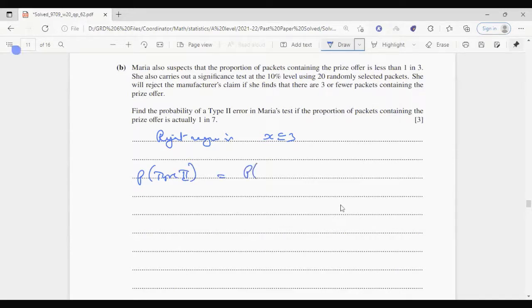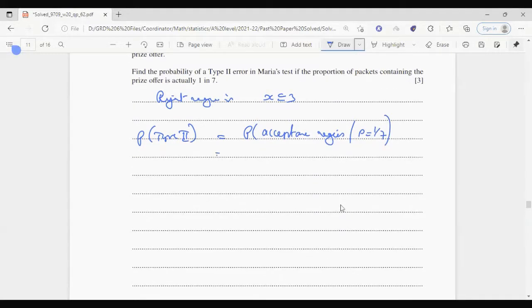We know that the probability of type 2 error is the probability of the acceptance region given a new probability 1/7, which is equal to the probability of X greater than 3, with a new probability of 1/7.